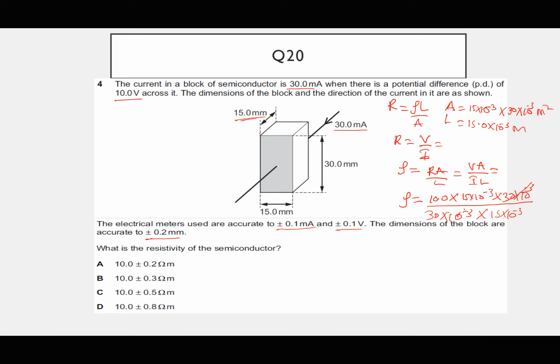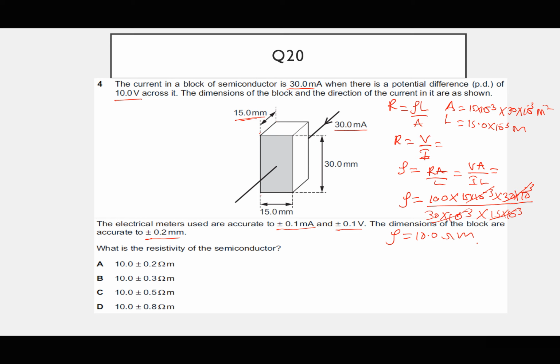You can see that this one is the same as this, that one is the same as that, so the resistivity is 10. We needn't even check that. So resistivity is actually 10.0 ohm meters. So what remains is for us to check the resistance, the word uncertainty.